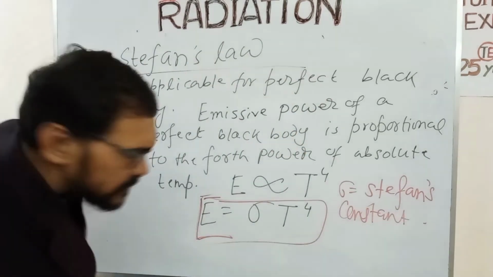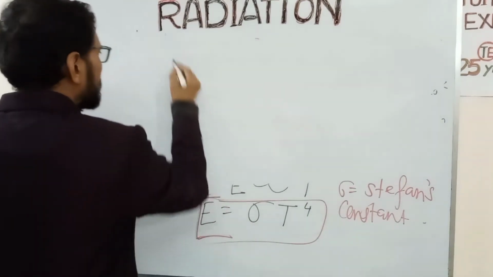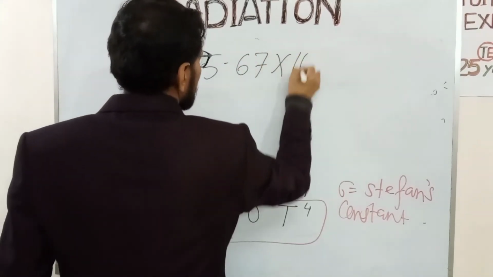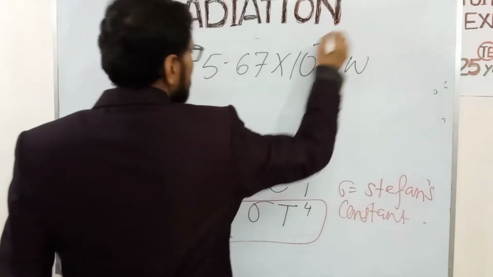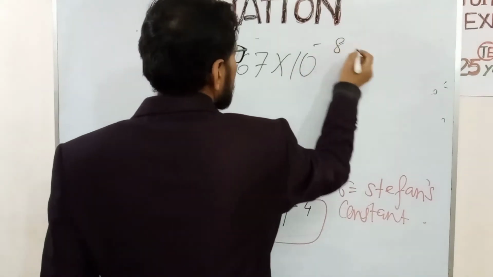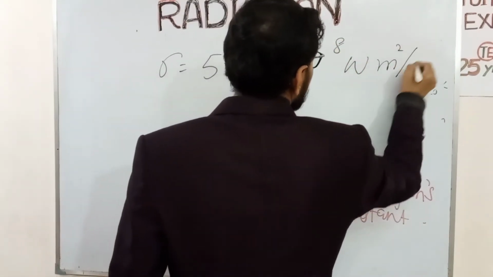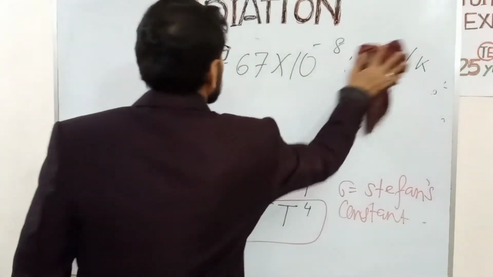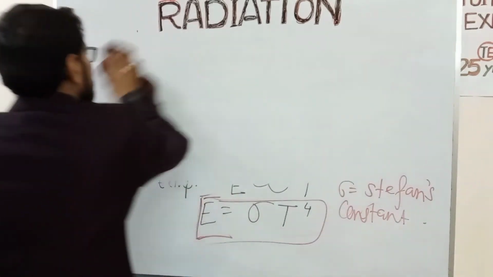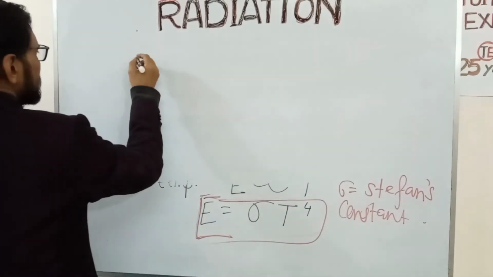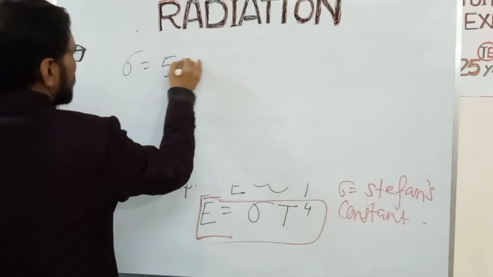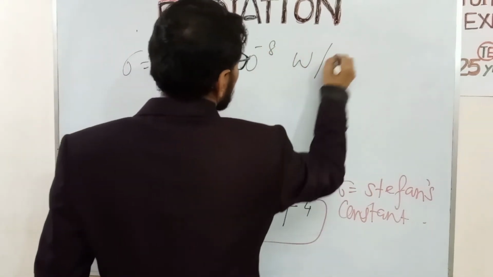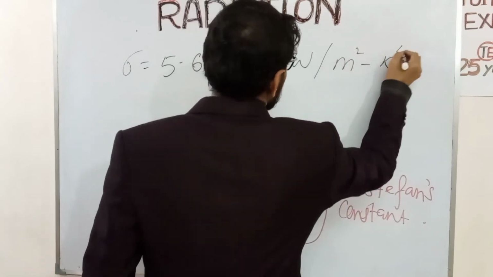The value of sigma is 5.67 into 10 to the power minus 8 watt per meter square Kelvin to the power 4.